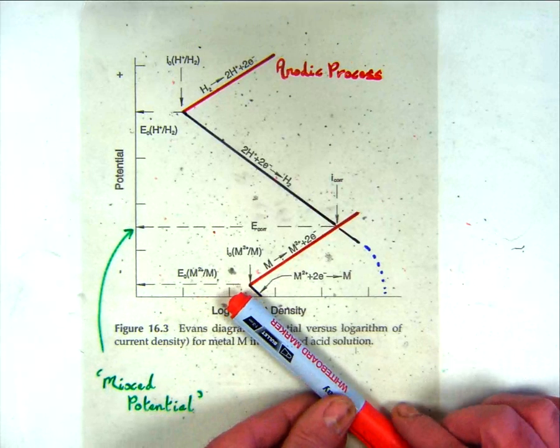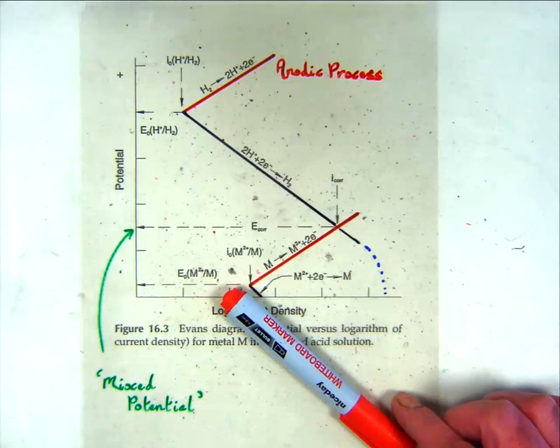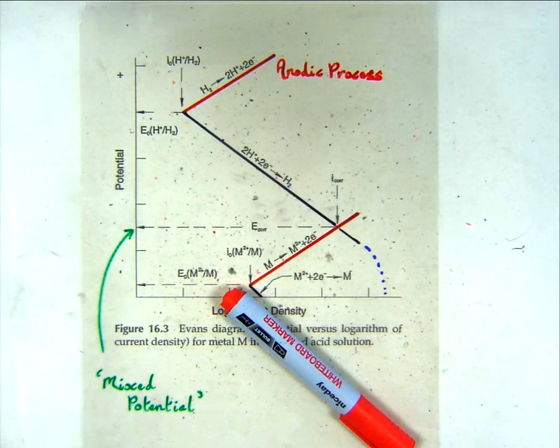That data is available. It's thermodynamic data. It's related to the delta G value and to the Tafel slope for the particular reaction. What the Evans diagram allows you to do is to find a new potential, a new what they call mixed potential, which is for a combination of, in this case, this metal reaction and that hydrogen reduction reaction.